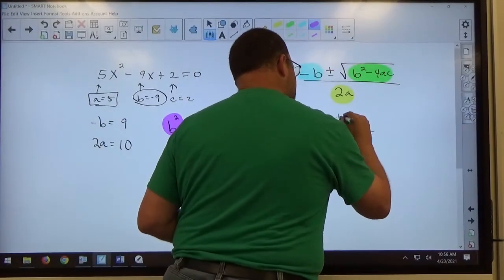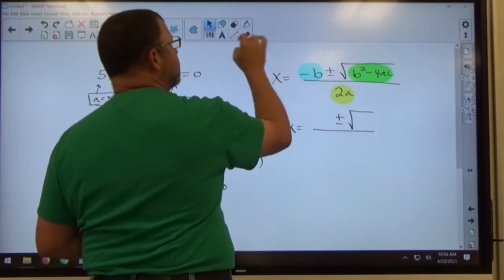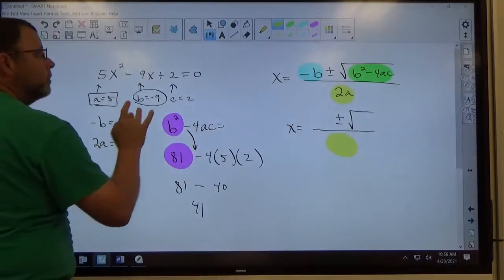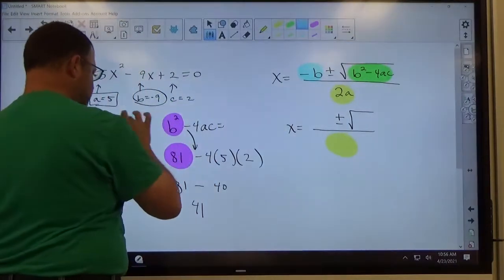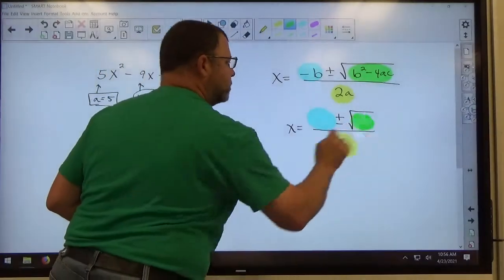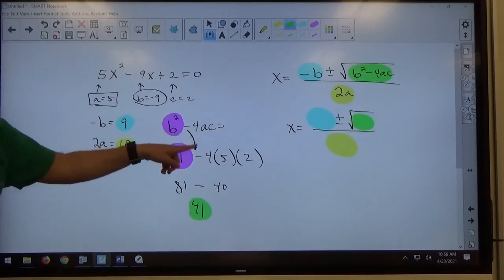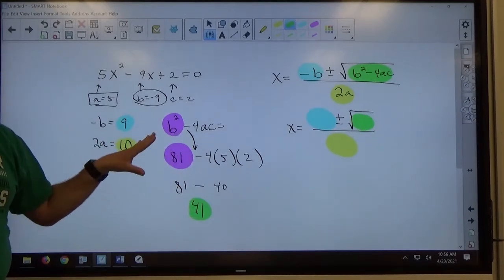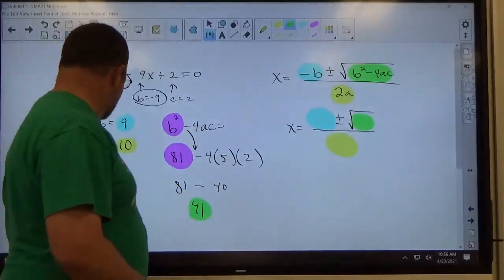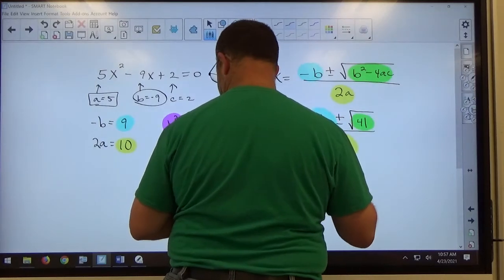I'm going to create this structure right here, and I'm going to replace those 3 pieces there with the numbers they equal. So you figure out those 3 numbers over here, easy, easy, moderate, right? Figure out those 3 values and just create the structure of the quadratic formula. You just put your numbers where they belong. So 9 goes here, 41 goes there, and 10 goes there.